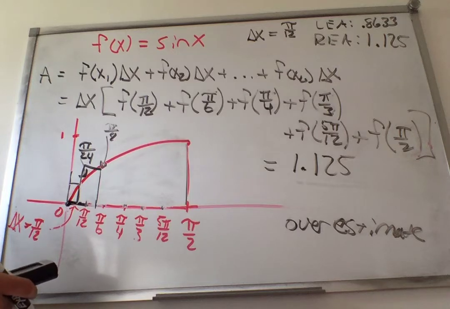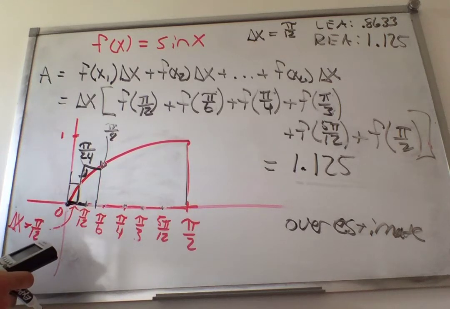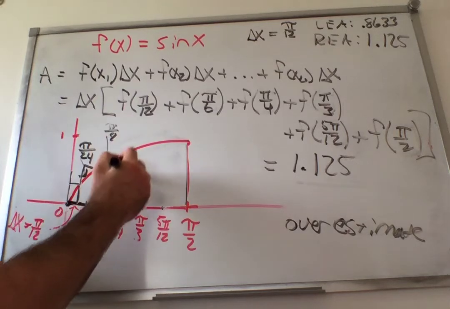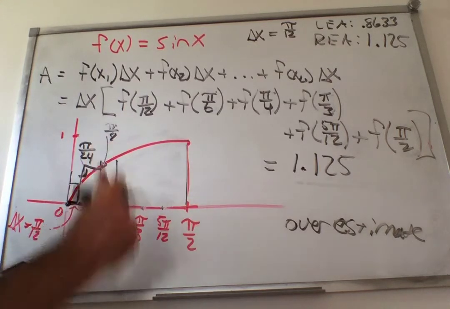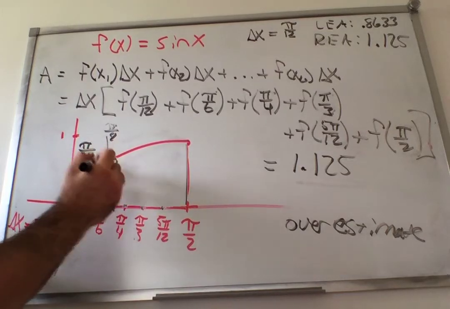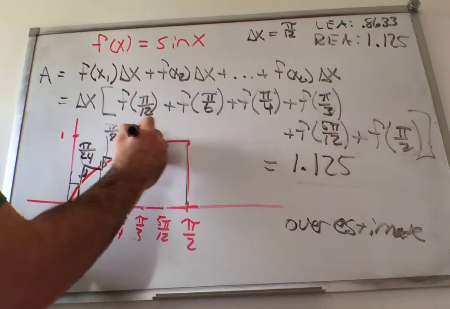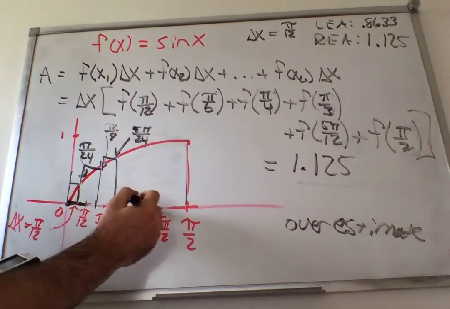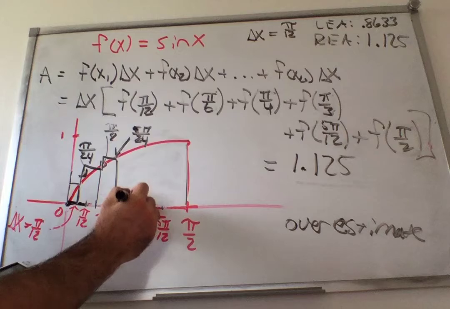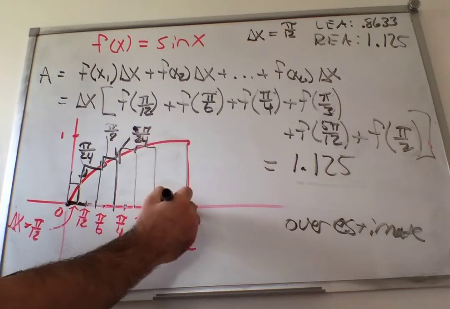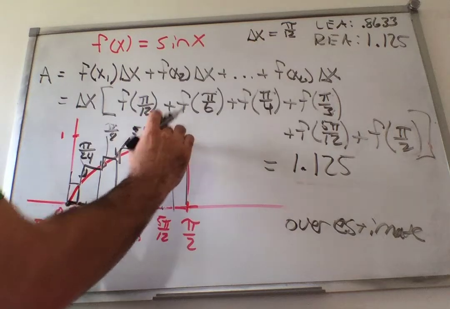And then the next one would be pi over 4 minus pi over 6, divided by 2. And you get, let's see, the midpoint here. You go up to there. This midpoint is 5 pi over 24. Then you do the midpoint of this interval, and then the midpoint of this interval, and the midpoint of this interval.